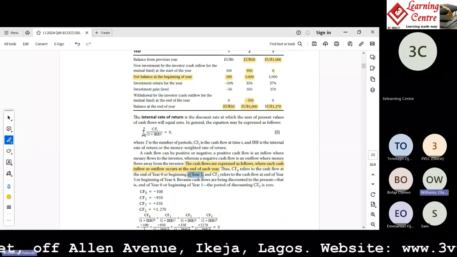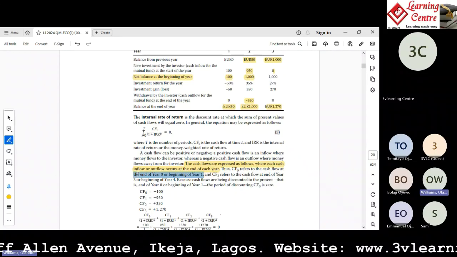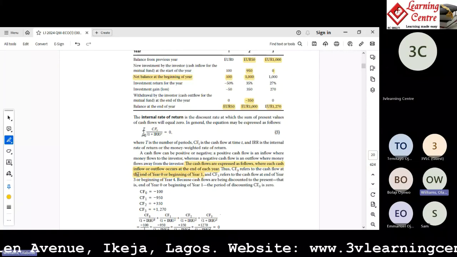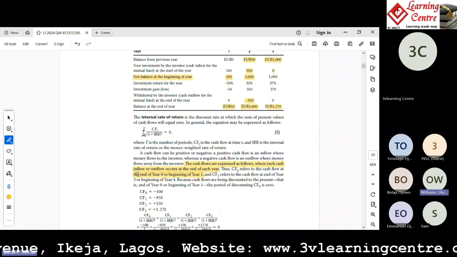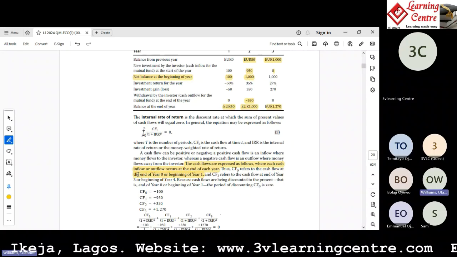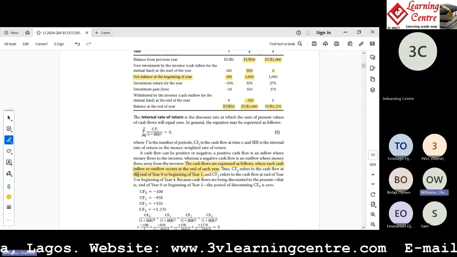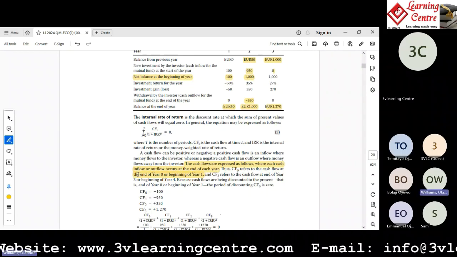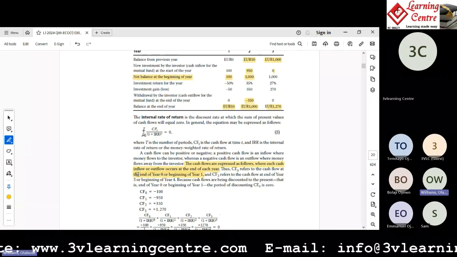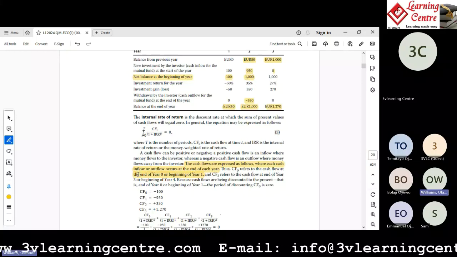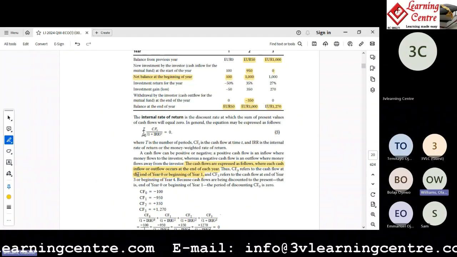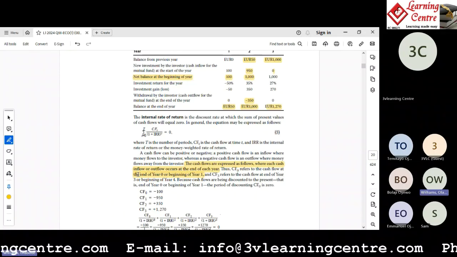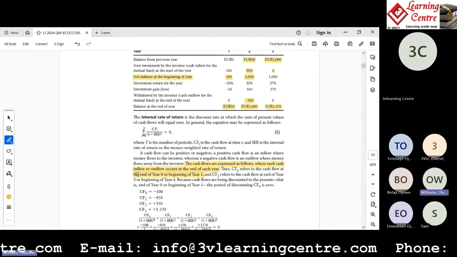So you see, if a cash flow happens at the end of year 0, it stays in that year. Or if it happens at the beginning of year 1, it is happening at the end of year 0. Now take it this way. If I bring in money December 2023, let's say 29 December, and I bring in money 1st of January, what's the difference?